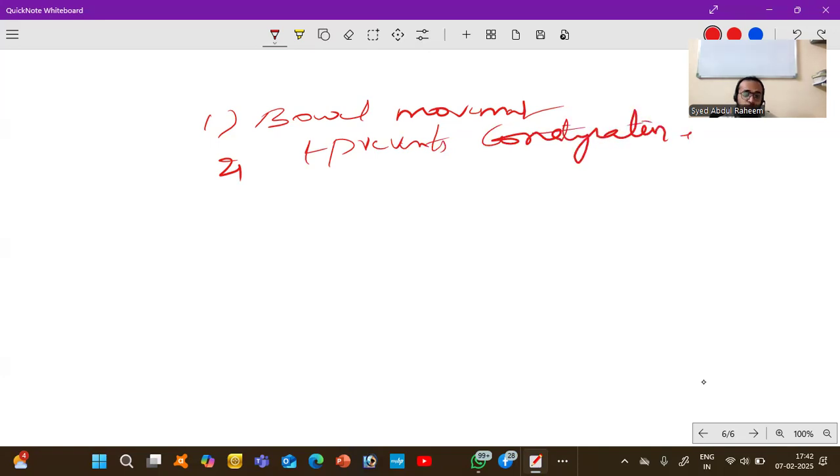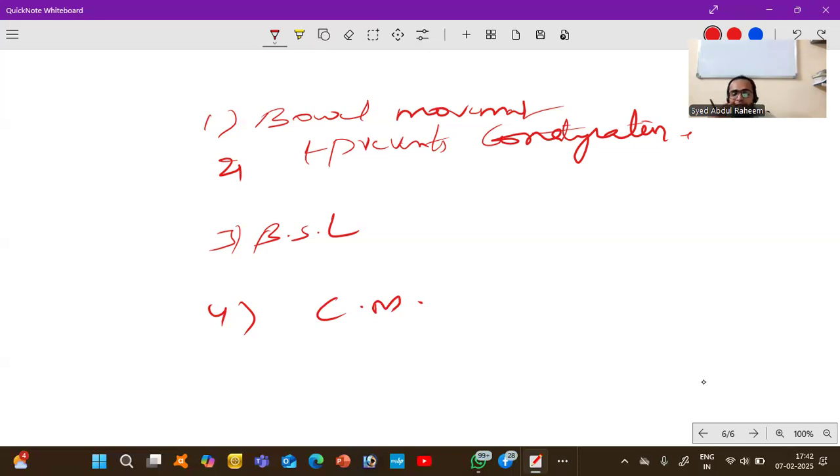Okay. And it also controls blood sugar level, because it is absorbed very slowly. So the level of carbohydrates in the blood is maintained, helping to control blood sugar levels, particularly for diabetic patients. Okay. And the fourth is cholesterol management.